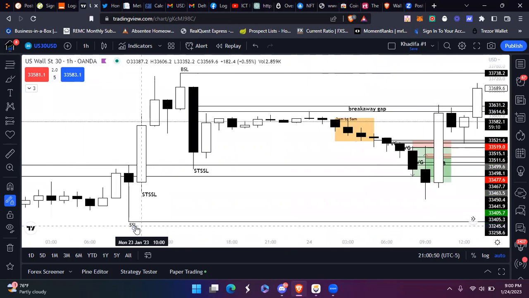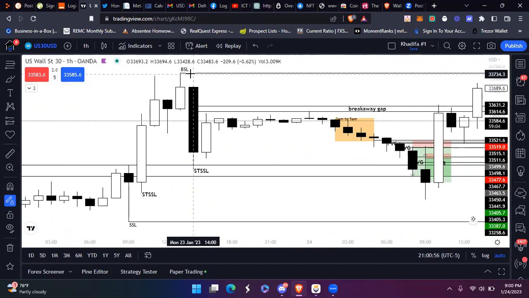And here go those low and high areas that I had marked on the daily time frame for yesterday's high and yesterday's low. This STSSL stands for short-term sell side liquidity.